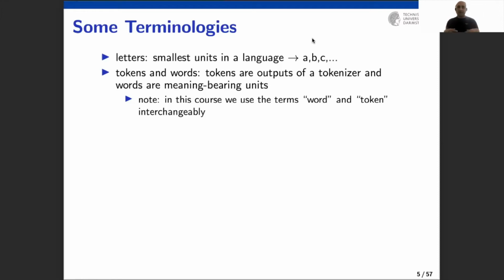But from the machine learning point of view, we can simply think of words as meaning-bearing units, and tokens as the output of a tokenizer. Since in this course we are focusing on the machine learning or deep learning part, not the linguistic part, we use the terms word and token interchangeably.